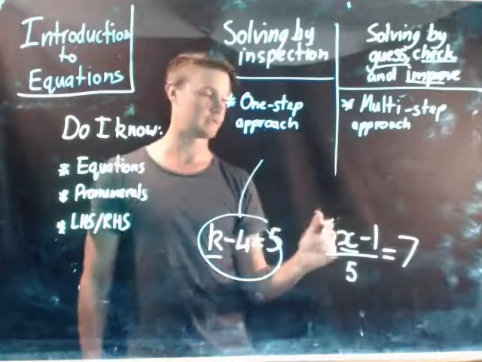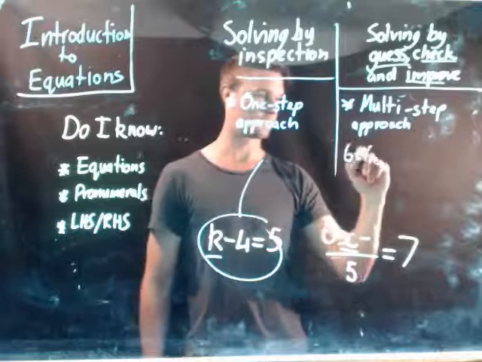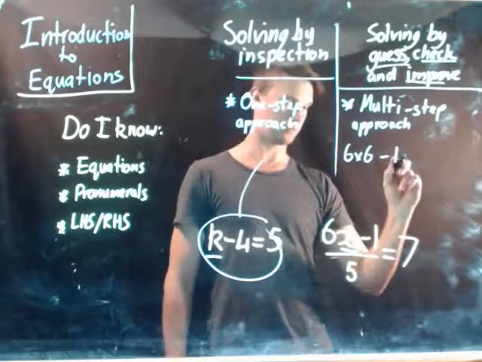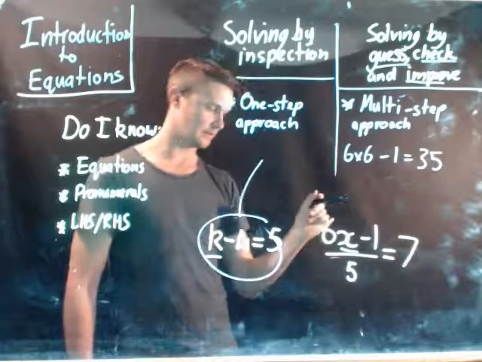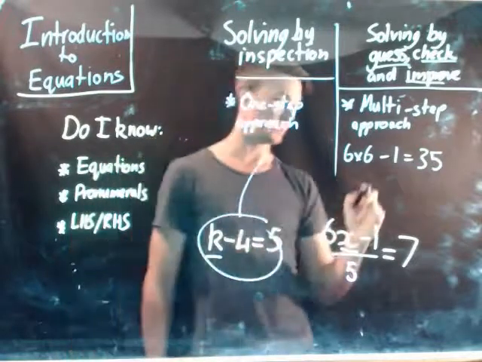So let's see if it's 6. We do our LHS first, so 6 times 6 equals 36, minus 1 would equal 35. Now 35 divided by 5 equals 7. There's my answer right there.